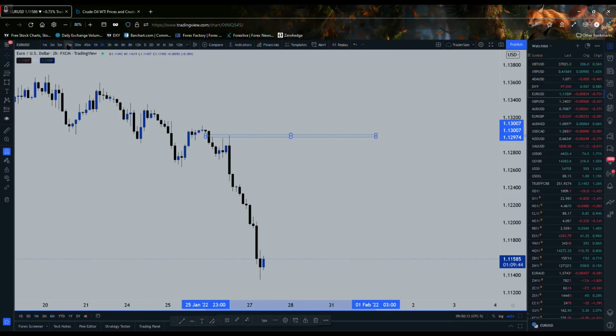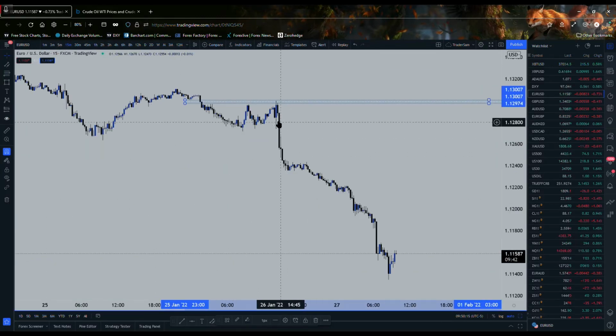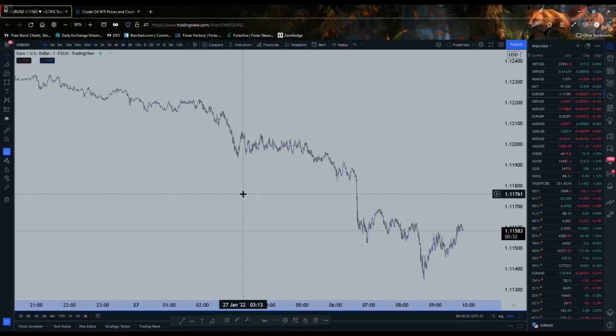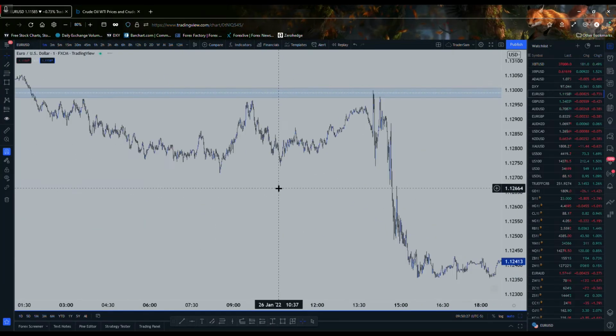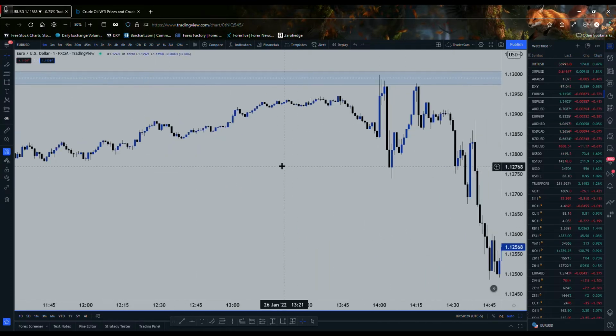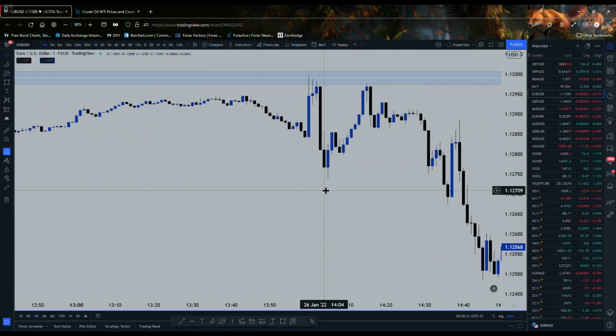Right here, coming right on top into the fair value gap, right at the hour struck. So going into the 1 minute, came down, touched it again, and then boom.